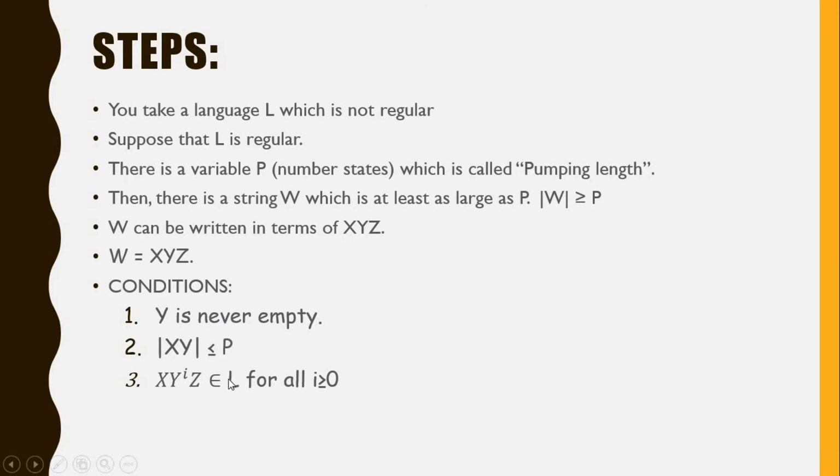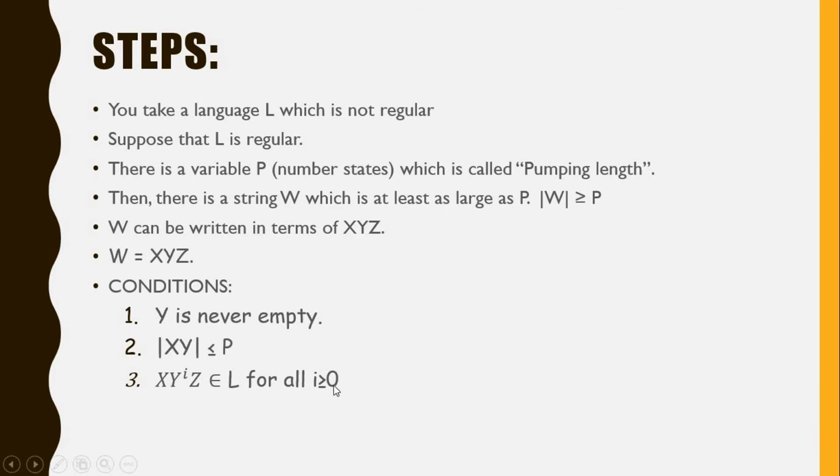That is, x y^i z is in the language, is in L, for all the values of i greater or equal to 0. In other words, if xyz is in the language, then xyyz is also in the language when you pump up. If you pump down, xz is in the language. And that's when i is equal to 0, right?